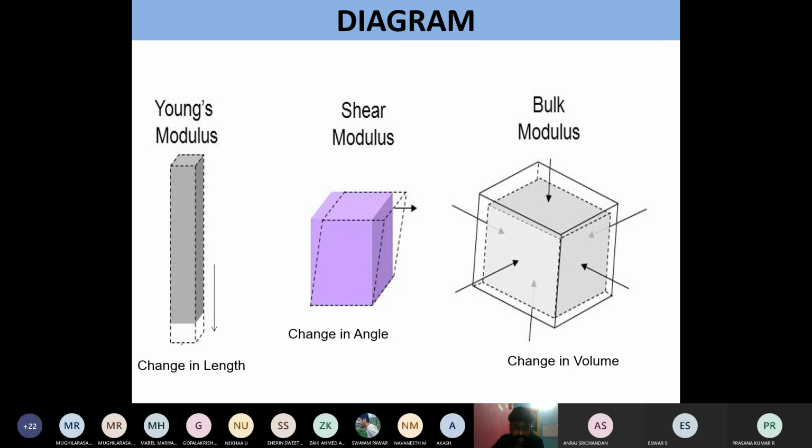On the top, we are applying the force. When we apply the force at the top while the bottom is fixed, we can see that the medium slightly changes. The shape will remain the same, but the size only changes.